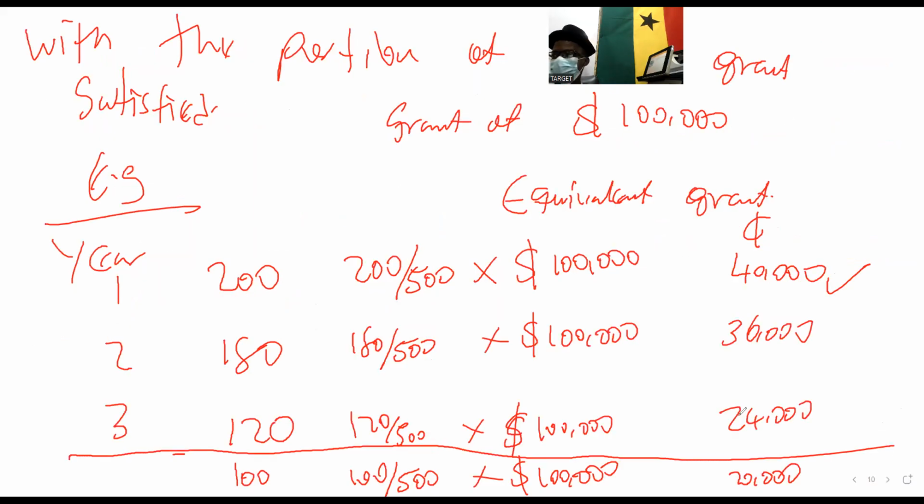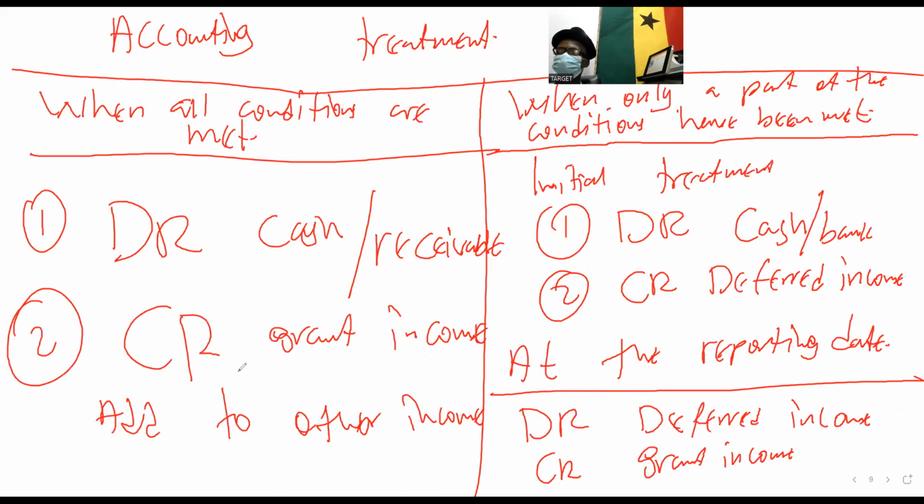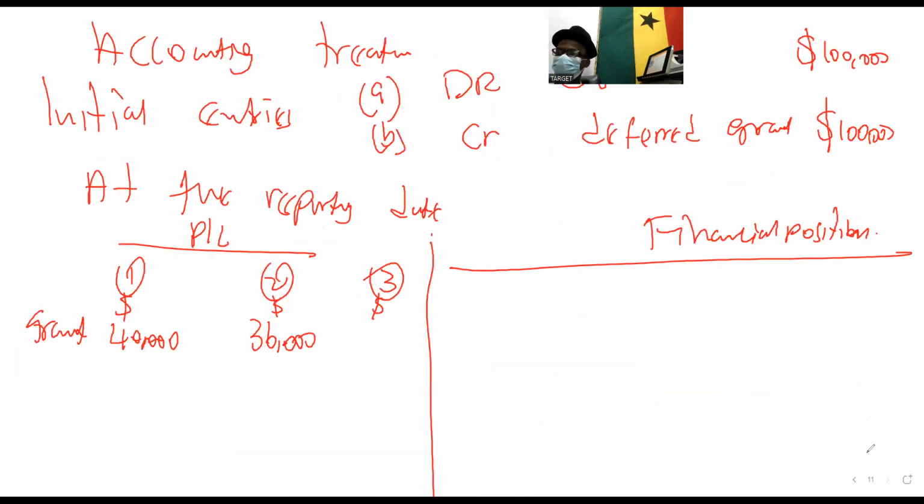Year 3, if they fulfilled all, you record 24,000. That is all the rest. If they fulfilled only 100, its equivalent is $20,000. Now you record only 20,000. So take notice of that. So you put in the $20,000 here, and you are done.